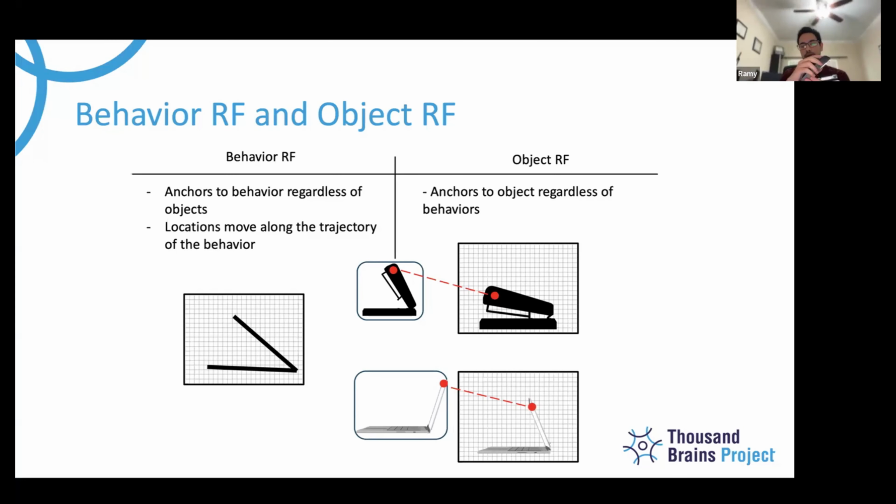And then you're storing a movement at this location, which represents the top of the stapler and the top of the laptop. And as you move in the behavior reference frame, the change in the location is just a change in the state. Basically, it becomes this change in state.